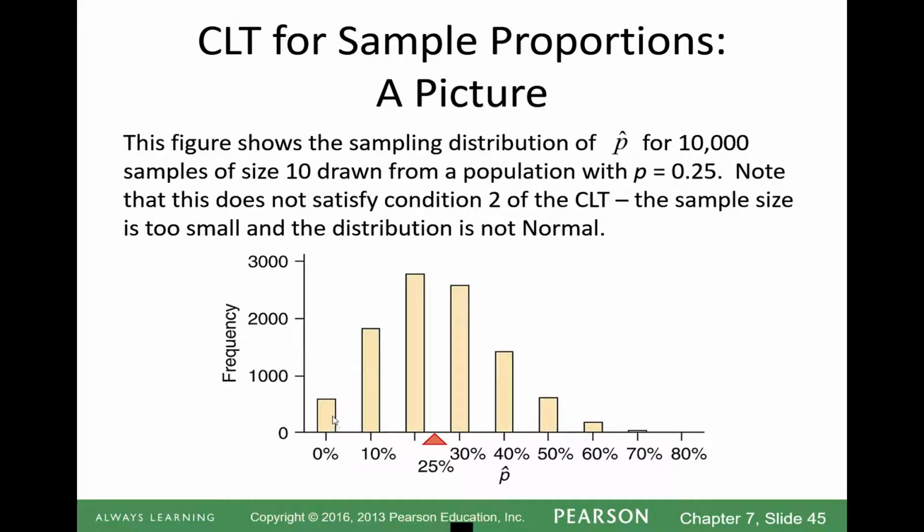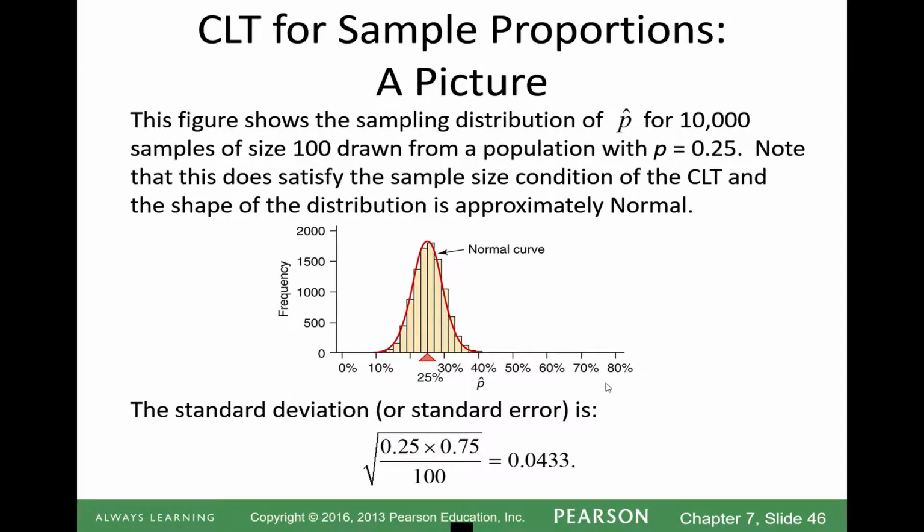But we saw earlier what happens when you increase the sample size, because it takes almost a perfect bell curve. The next one shows the sampling distribution of p hat for 10,000 samples, where each sample is of size 100.